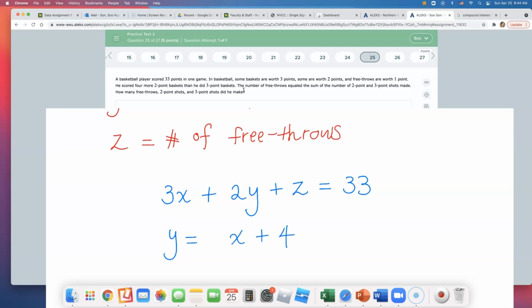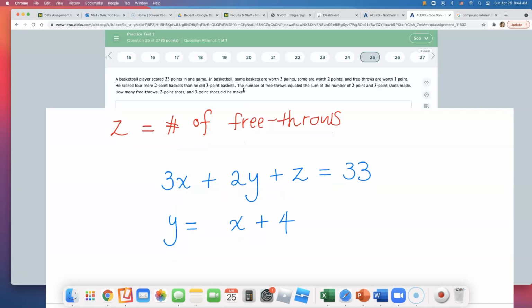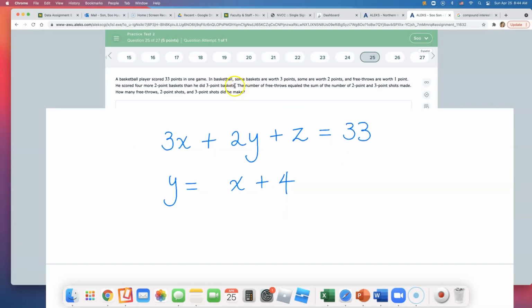Let's look at the last equation. The number of free throws equals the sum of the number of 2-point and 3-point shots made. Remember we said z is the number of free throws. So z equals x plus y.